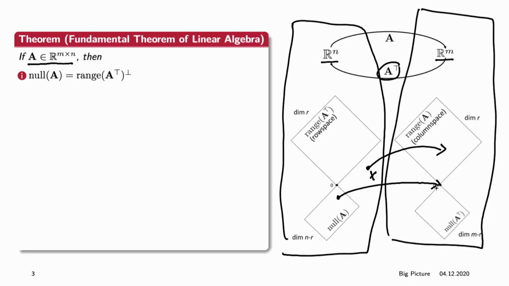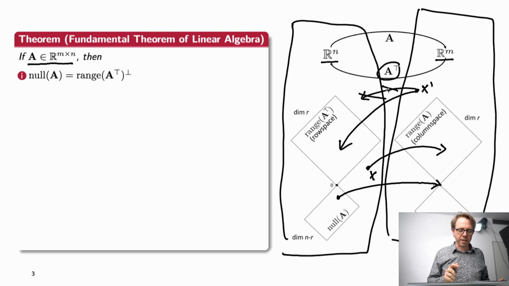Similarly, if we multiply some point x prime with A transpose, it will be mapped to the range of A transpose. Note that it is not possible to reach a point that is outside the range of A transpose. So this cannot happen.